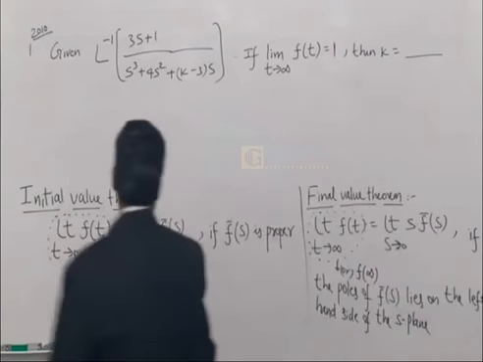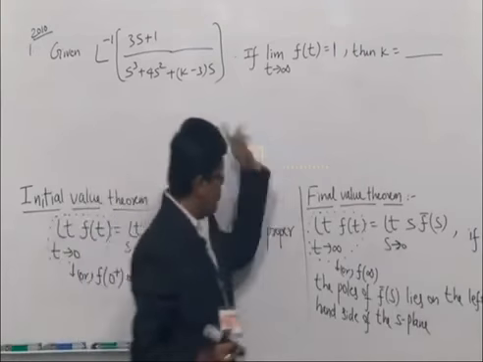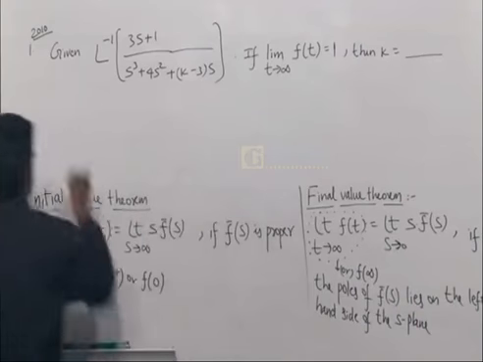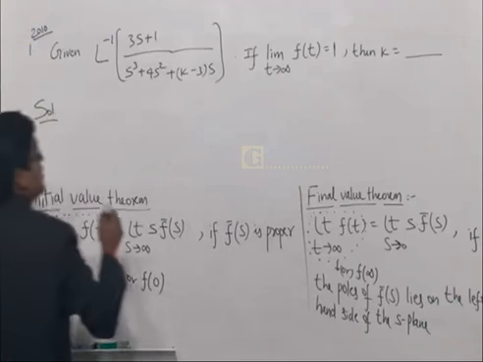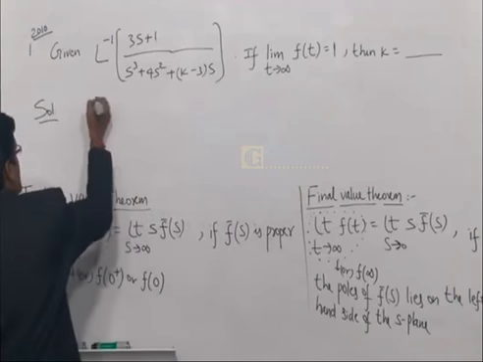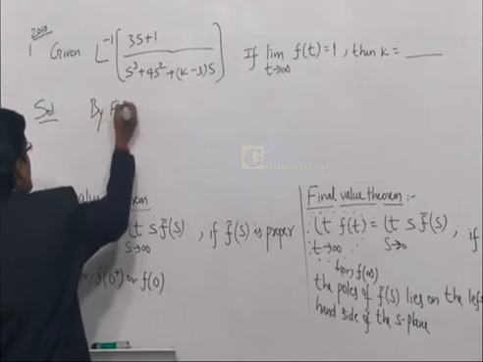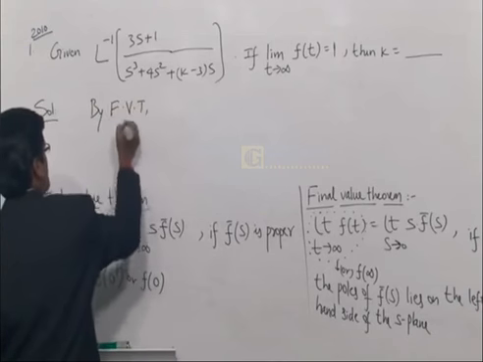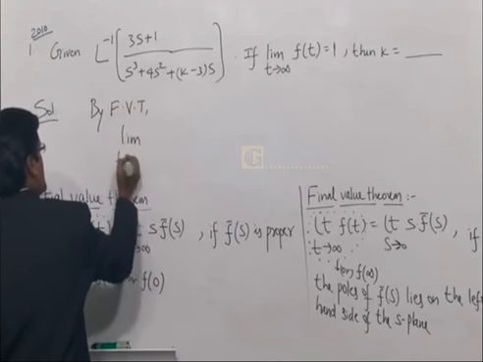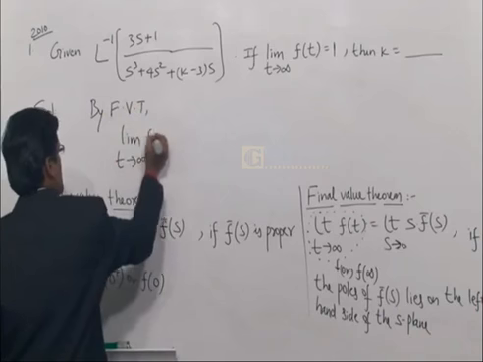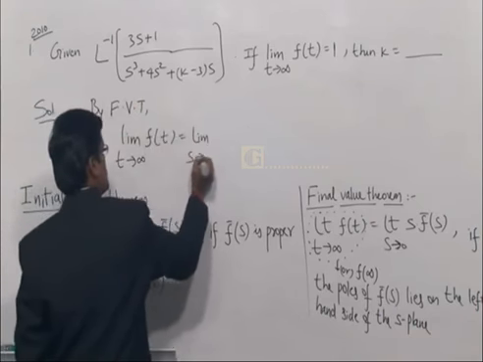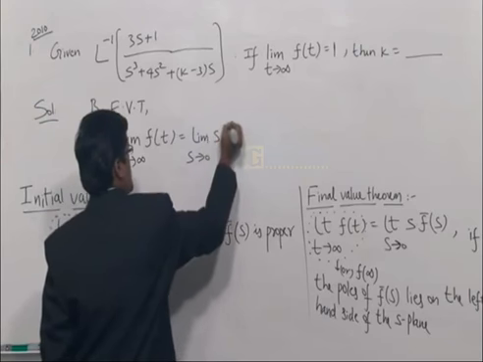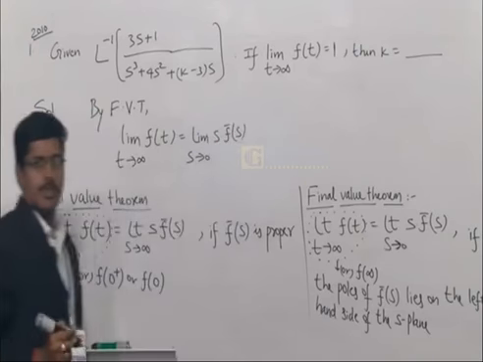So here, limit t tends to infinity, which theorem are we going to apply to find that k? Final value theorem. Okay, solution. By final value theorem, limit t tends to infinity, f of t is equal to limit s tends to 0, s times f bar of s.